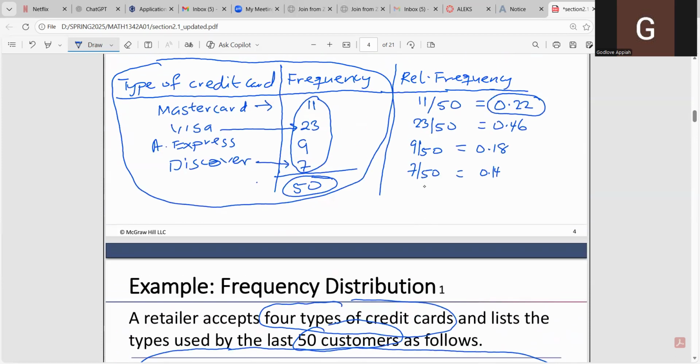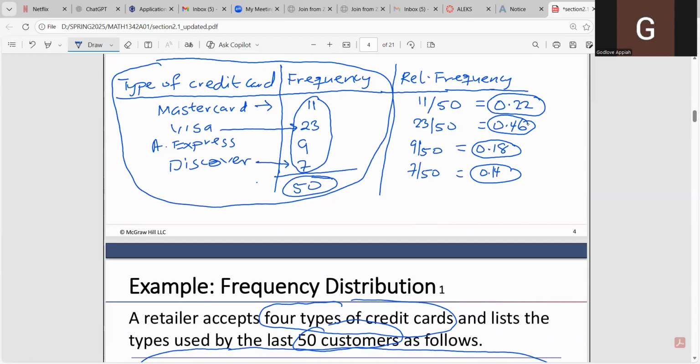That is the interpretation of the relative frequencies. Likewise, about 46% of observations in the raw data will fall within the Visa card category, and about 18% will fall within the American Express category, and about 14% will fall within the Discover card category. So those are the interpretations of relative frequencies.